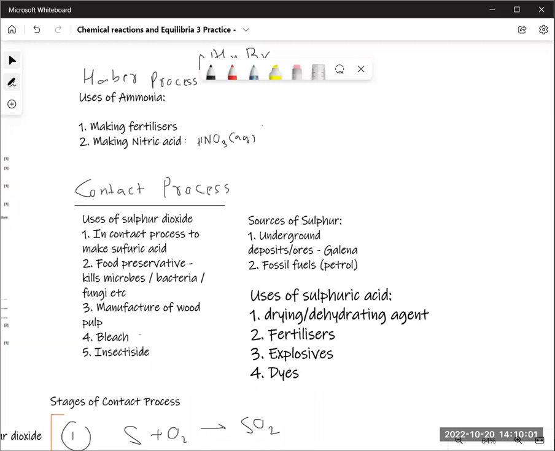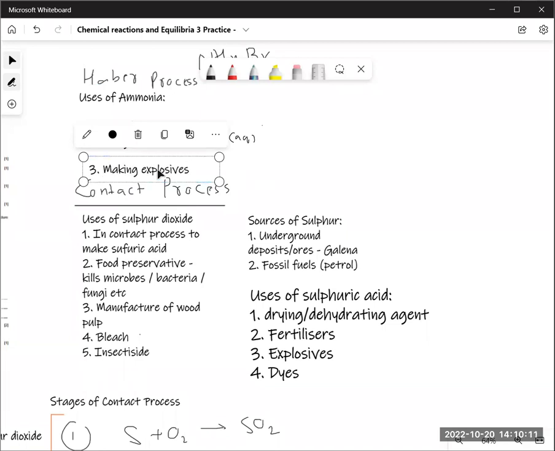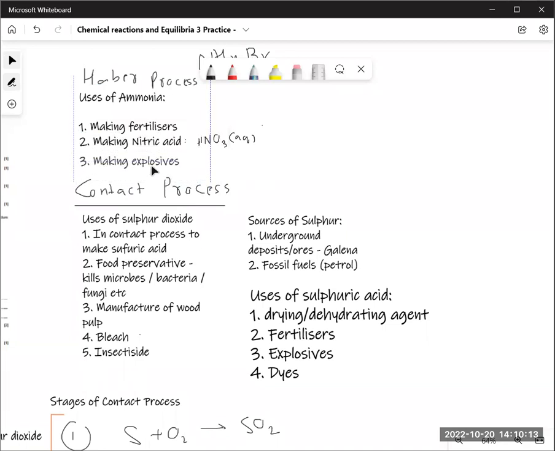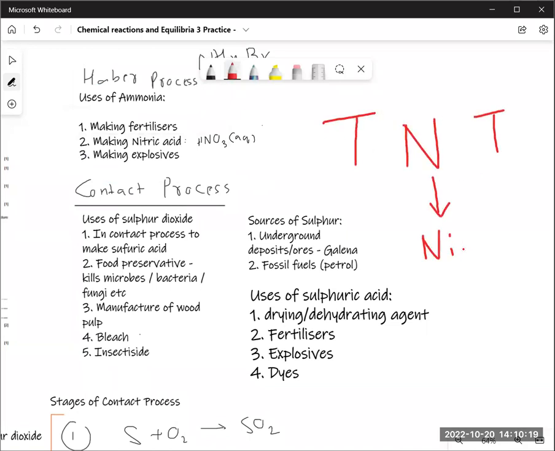Almost, sir. In ammonia, I want you to write making explosive as well. Well, TNT, the N in TNT is nitrogen. And that nitrogen comes from ammonia. And what's the T?